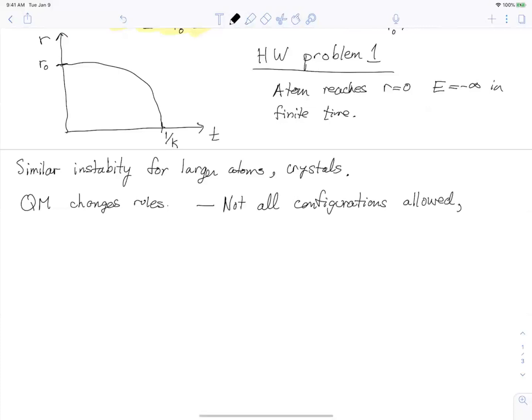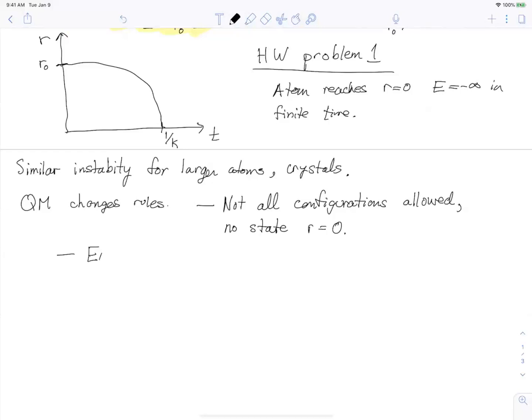And so in fact, there is no state where r equals 0. Classically, there's no reason why I can't have my electron and my proton come arbitrarily close together. But quantum mechanically, we're going to find out that's just not allowed. It just doesn't happen. Okay?